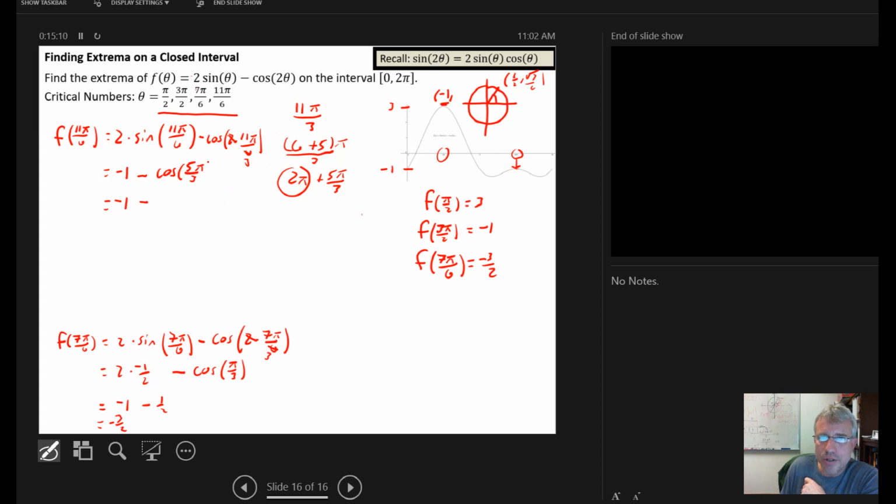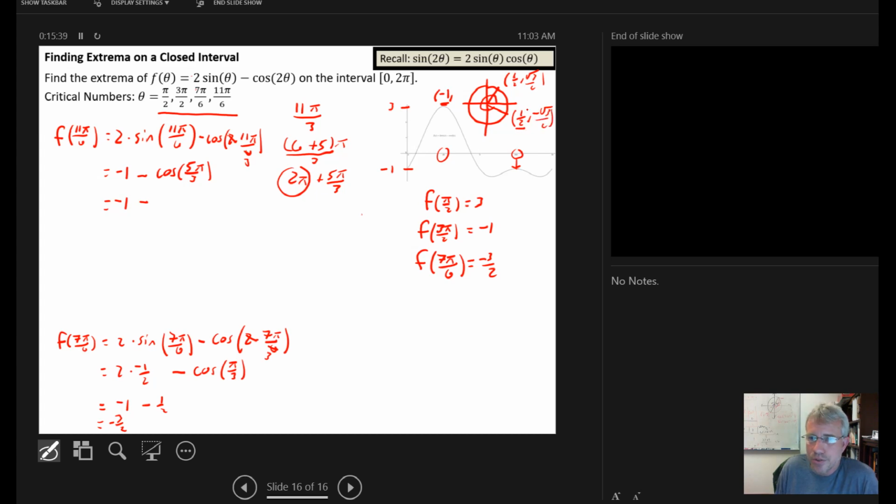And then we just need to figure out where on the unit circle we are at 5 pi over 3. 6 pi over 3 would be 2 pi, which would have us 1 full revolution. So 5 pi over 3 is just pi over 3 short of being back to the x-axis again. So the ordered pair at 5 pi over 3 is still going to be 1/2, but the output's going to be negative root 3 over 2.